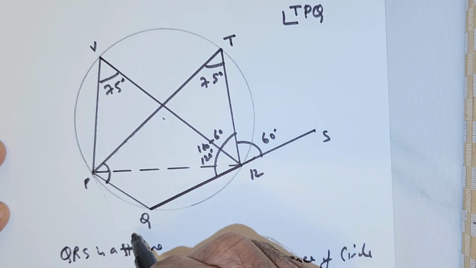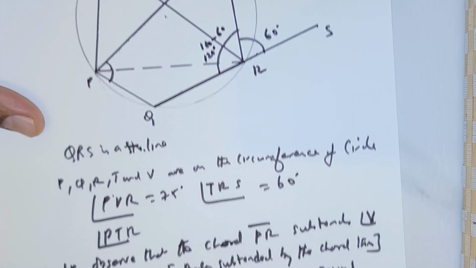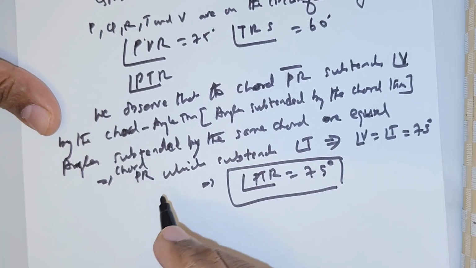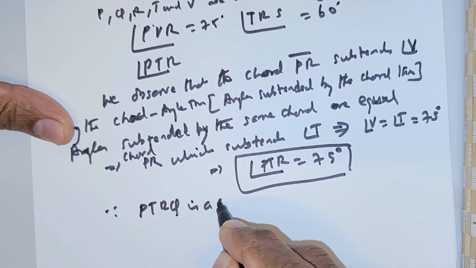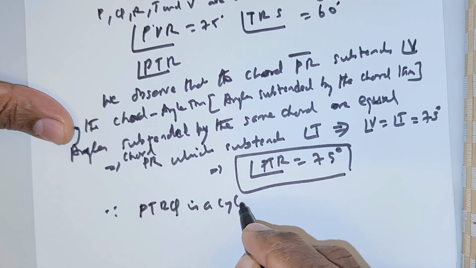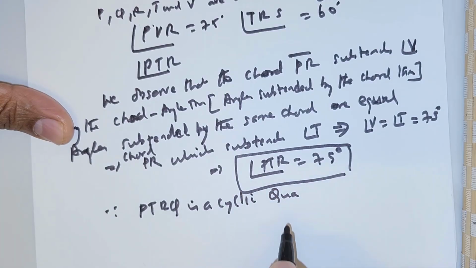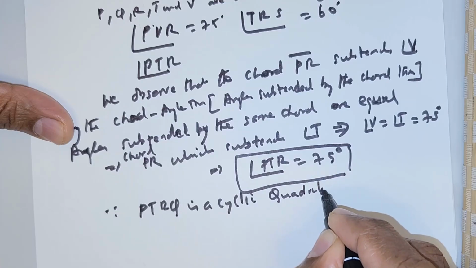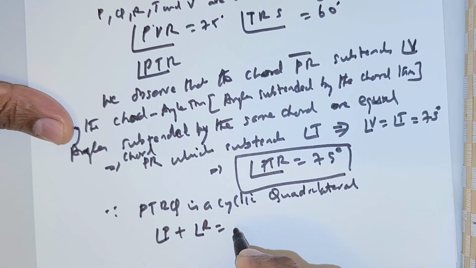Now PTRQ is a cyclic quadrilateral. That means sum of the opposite angles is equal to 180 degrees. So I'm going to write this down here. Since PTRQ is a cyclic quadrilateral, angle at P plus angle at R is equal to 180 degrees.